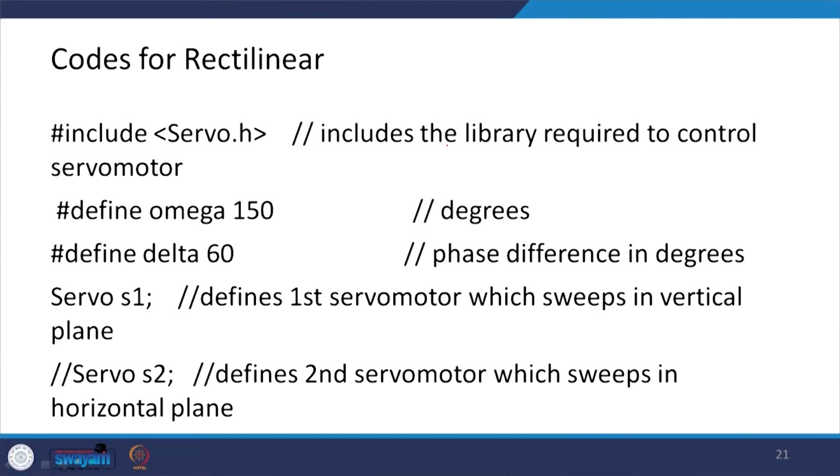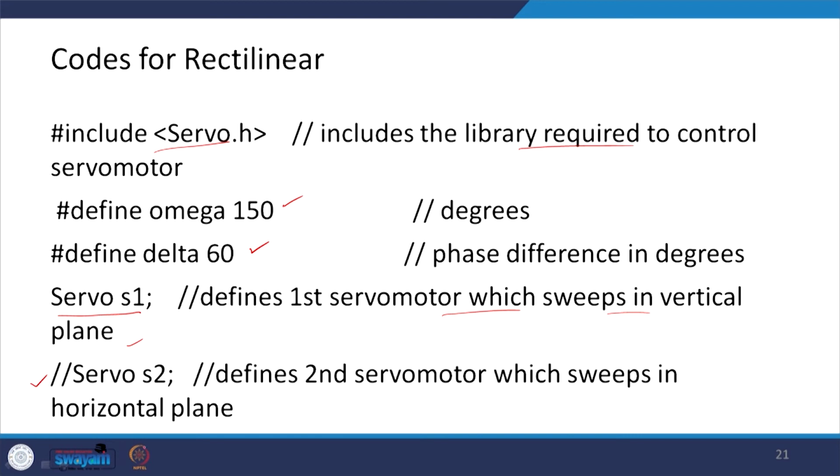So, we have the include command to include the library required to control the servo motor, define omega, define delta, some angle, and then Servo S1, this defines the first servo motor which sweeps in the vertical plane, and these are put in comments.